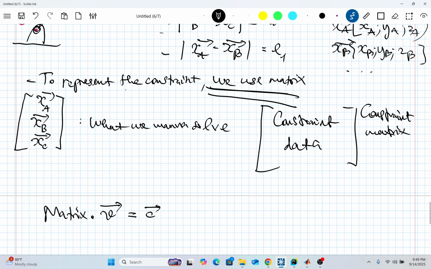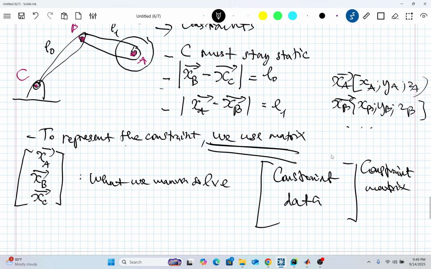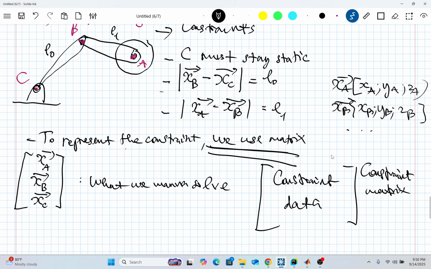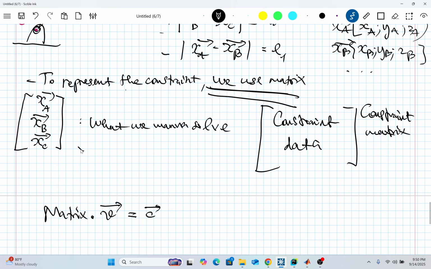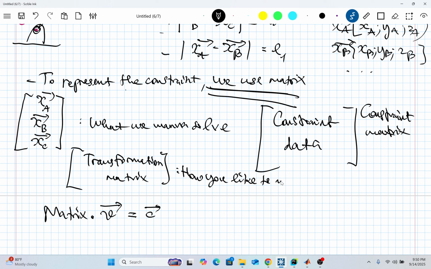You will have a set of things you want to solve, a matrix of constraint data. It means that however you move A, B, and C, you will have to satisfy this matrix. And the second one is the transformation matrix, and this is how you would like to move your solid.